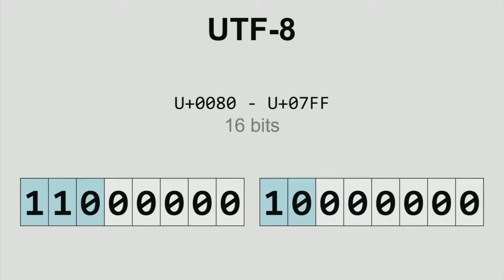And if you have to encode more letters, like from position 128 to 2048, by convention we use the first bits of the first byte to say how many bytes we have in the character.